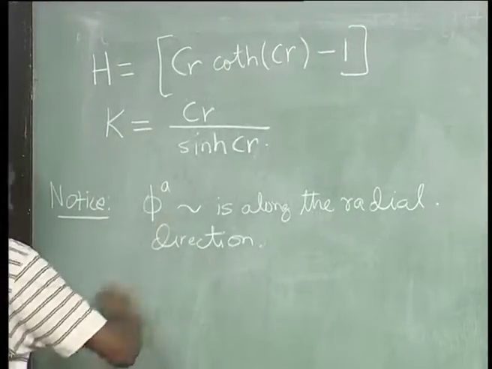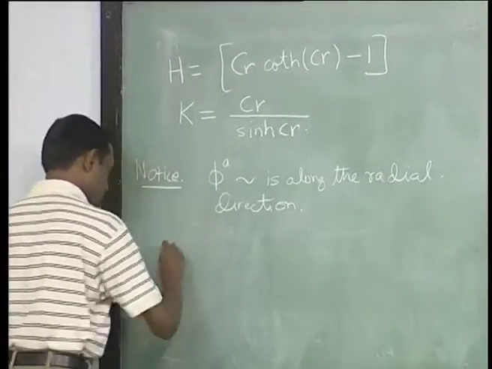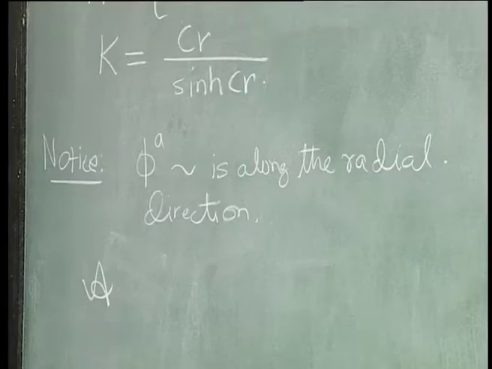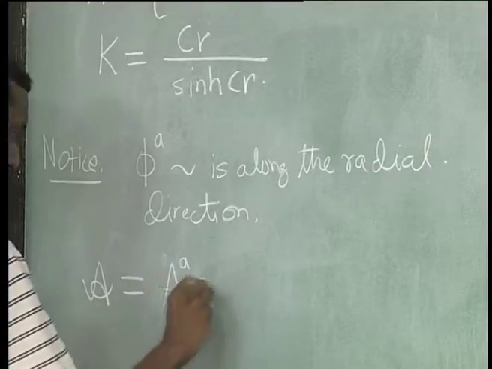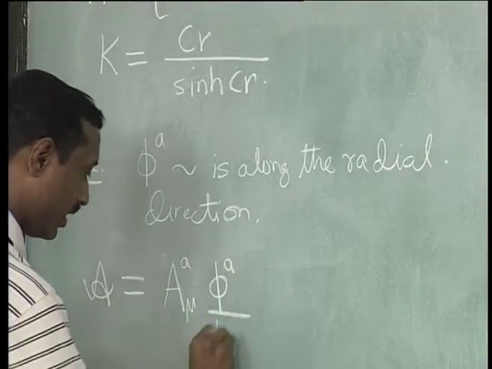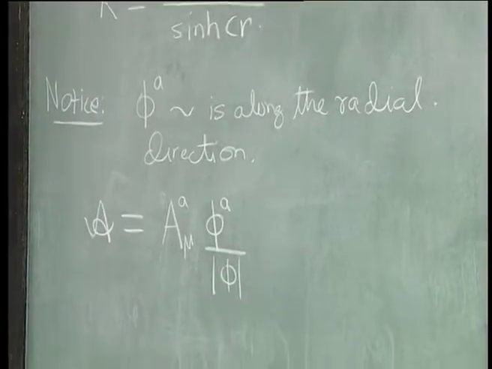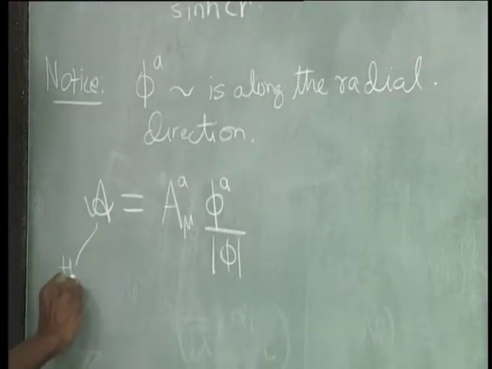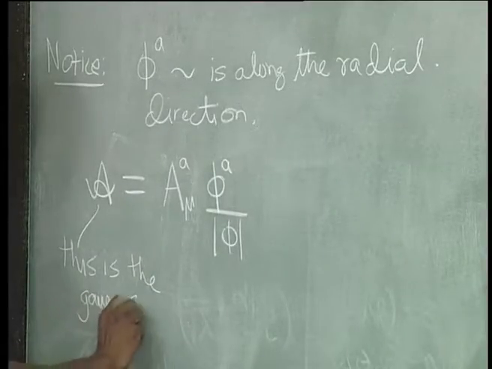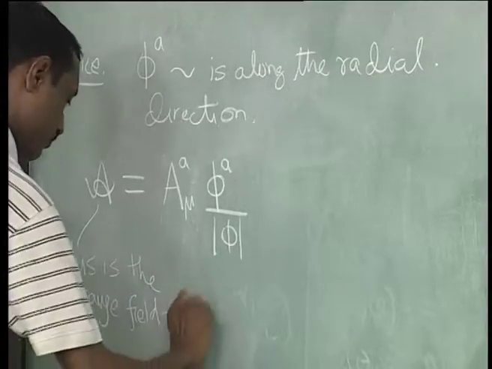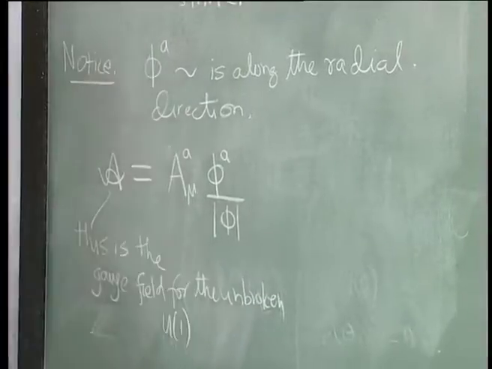Now what we will do is define the analog of A mu, so let's use script notation, let's define script A to be that quantity which I wrote, phi a divided by mod phi. So this we will identify as the gauge field.